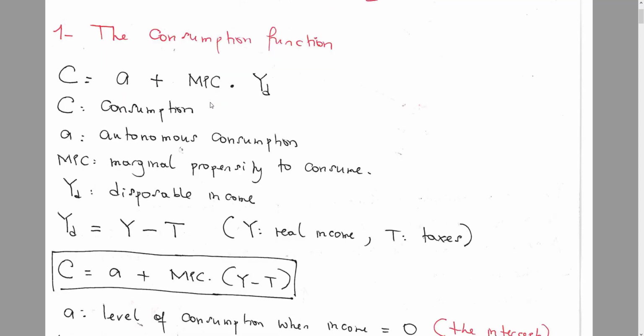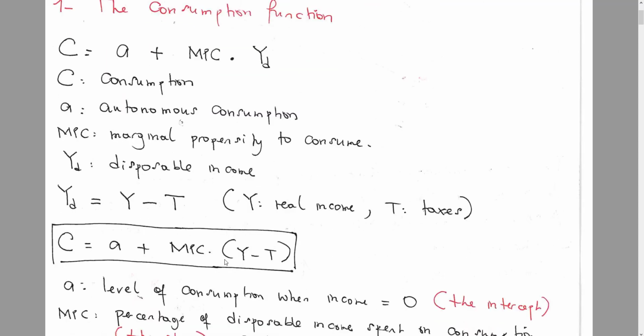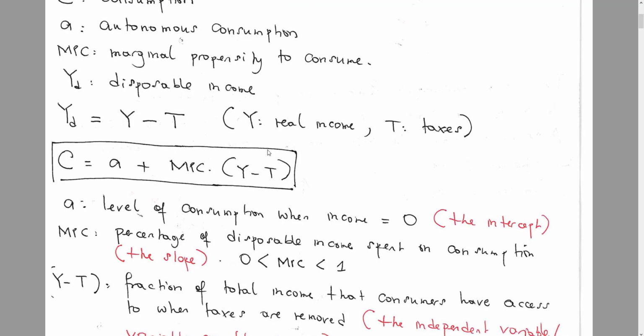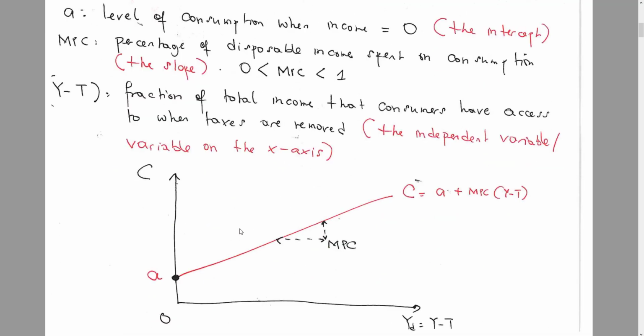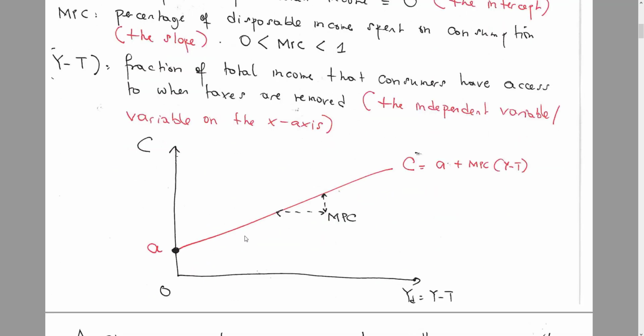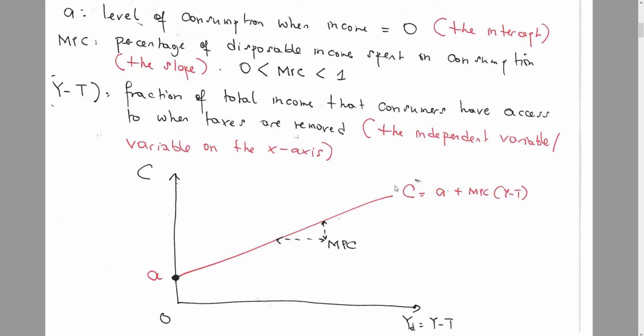So when we expand this definition and include YD, what we get is consumption equals A plus marginal propensity to consume times YD, which is essentially Y minus T. Now I try to draw that line again, that function, but this time using the consumption function. A is the intercept.